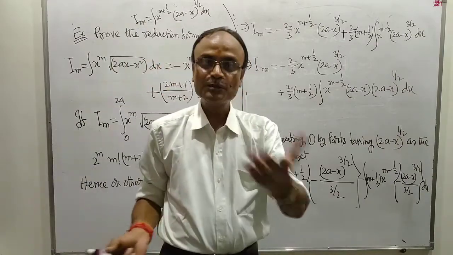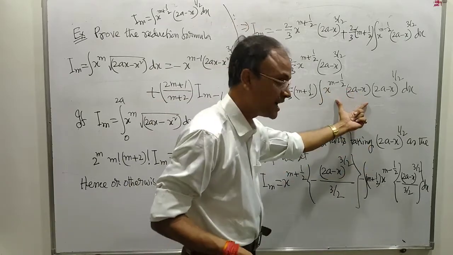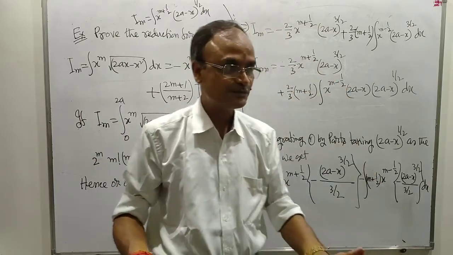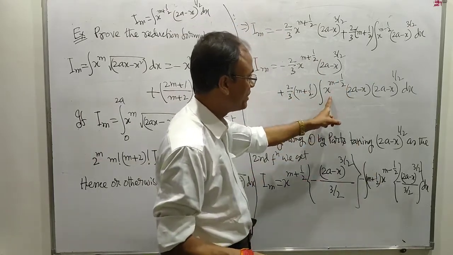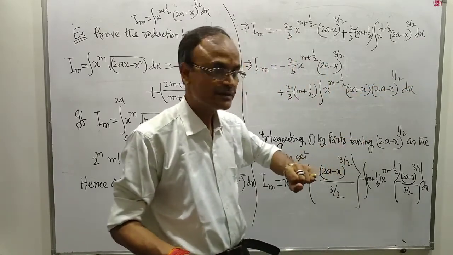Now, as in the previous two problems, this term can be written as the sum of two terms. The common term will be x to the power m minus half, (2a minus x) whole to the power half.